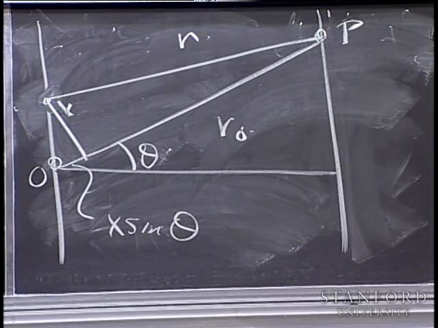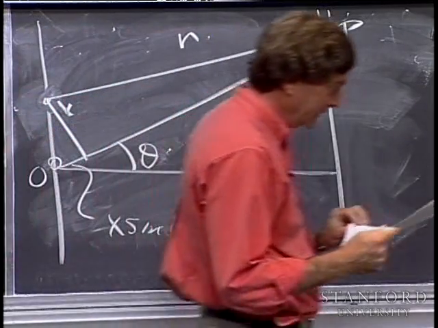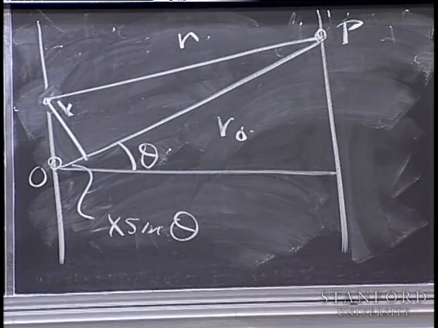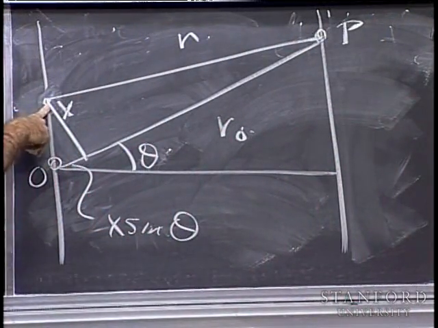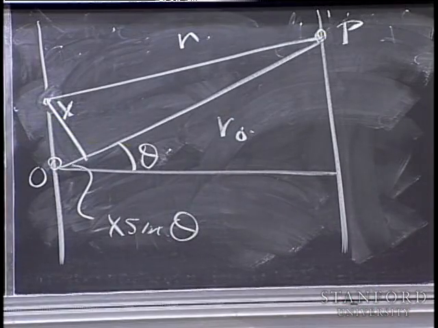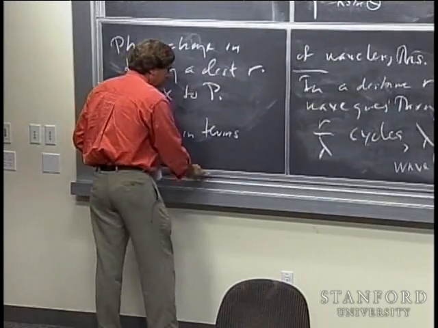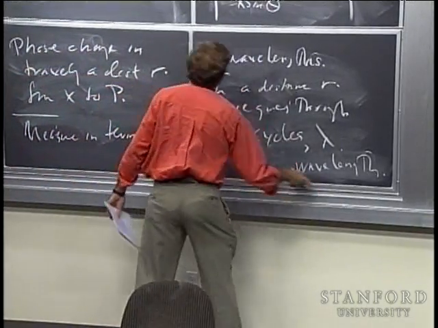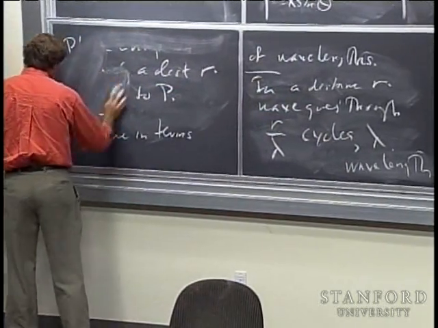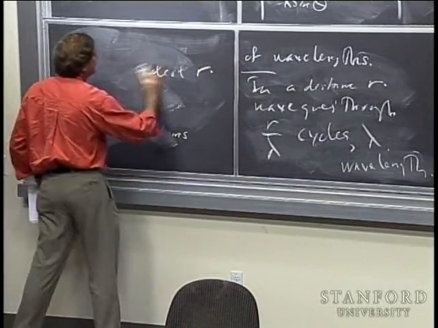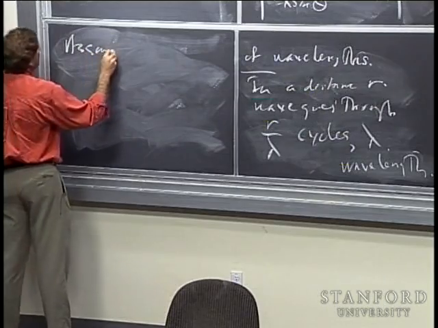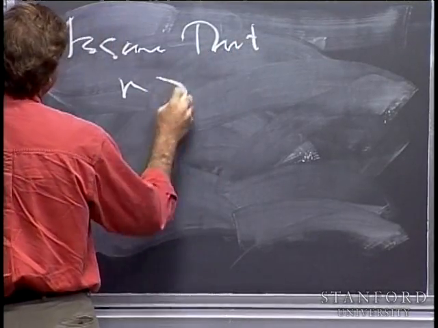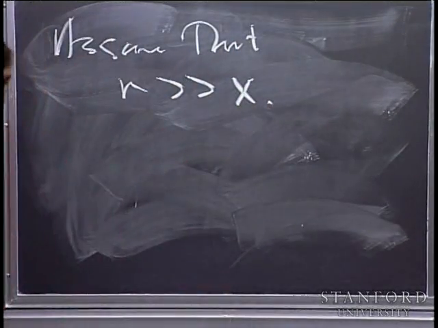We're going to assume that R, this distance, is much greater than this distance, than x. That's the Fraunhofer approximation. That's the Fraunhofer assumption. You're going to assume that R is much greater than x.